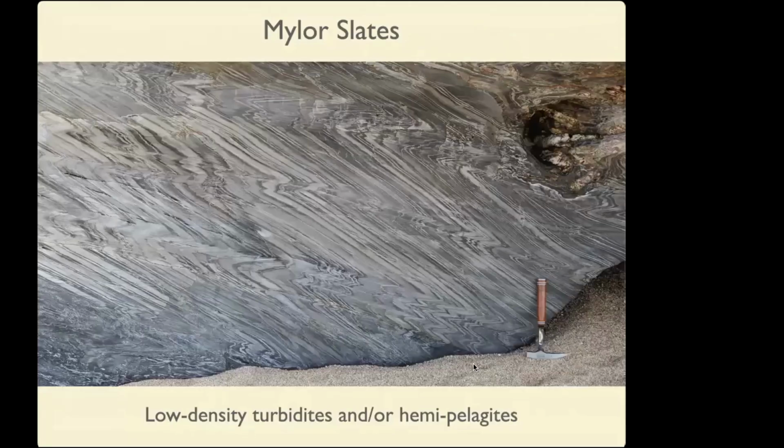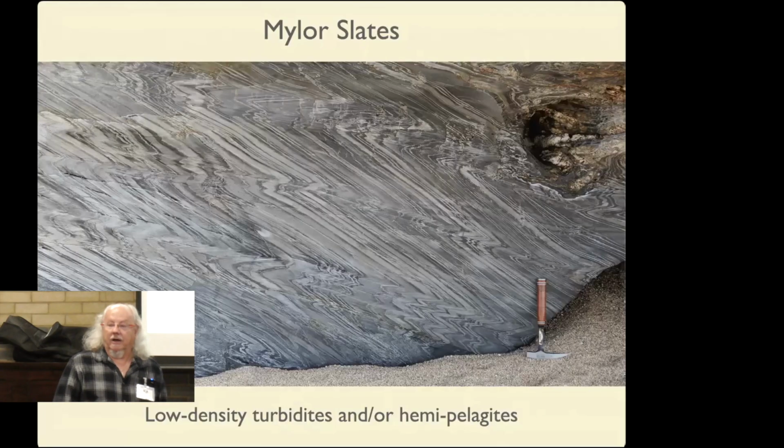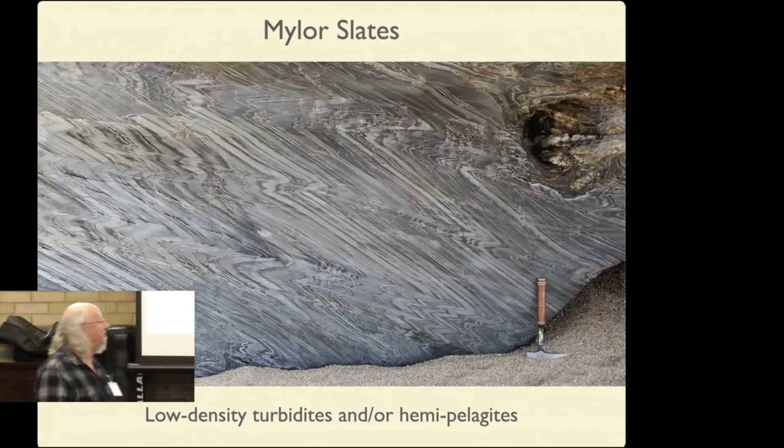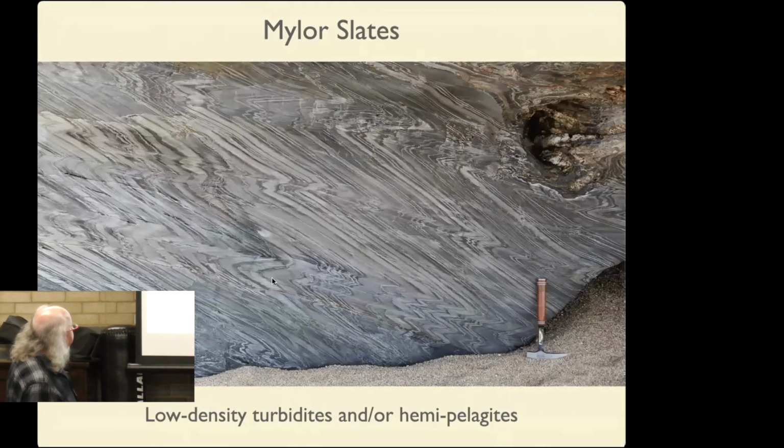But these are the Mylor slates, and they are absolutely beautiful, and they get distorted and folded and fractured and all the rest of it. And you get these fabulous sets of folds.